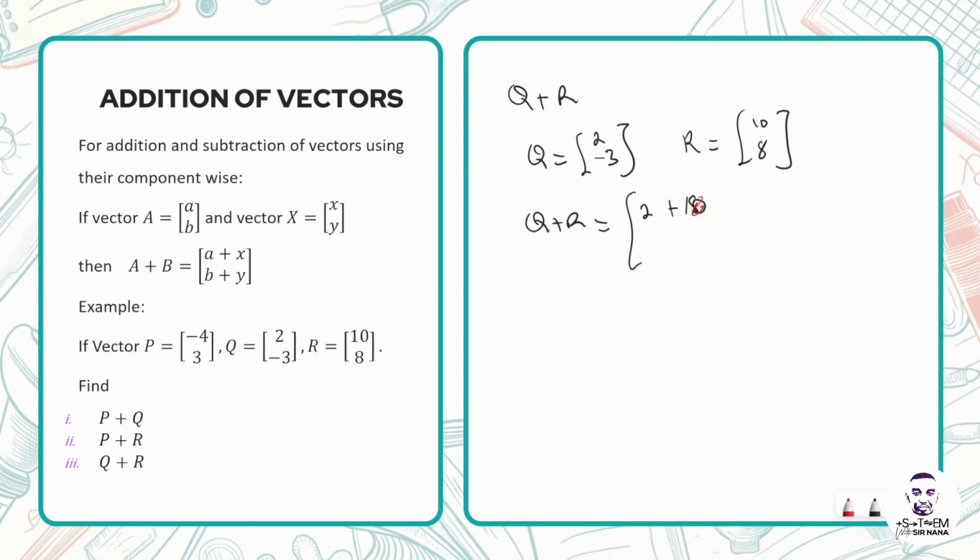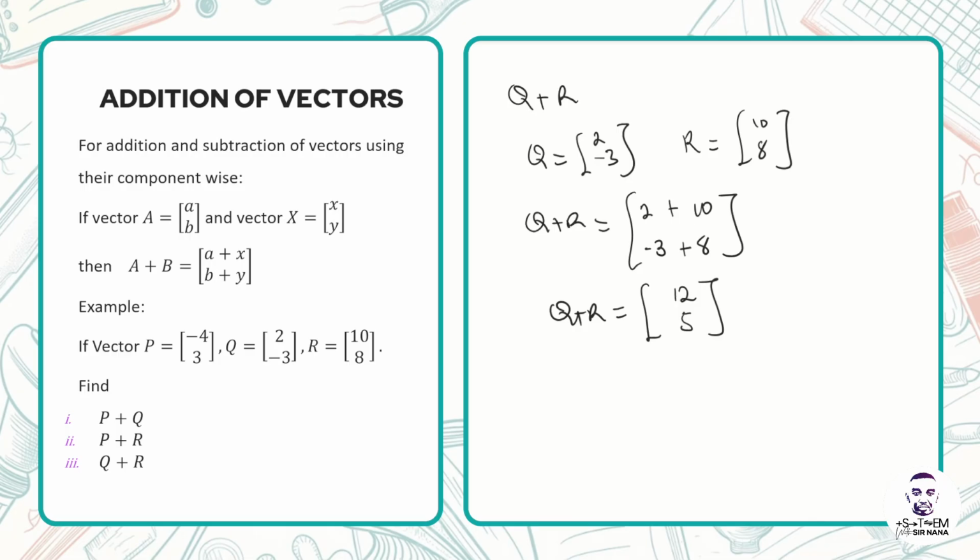So the top part is 2 plus 10. Then the down part is negative 3 plus 8. So that implies that our Q plus R should be equal to 2 plus 10 gives us 12. Then negative 3 plus 8 will give us 5. So it means that our Q plus R is 12 for the x component and 5 for the y component.